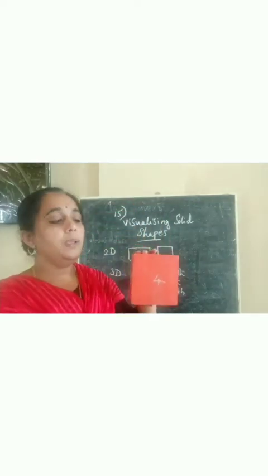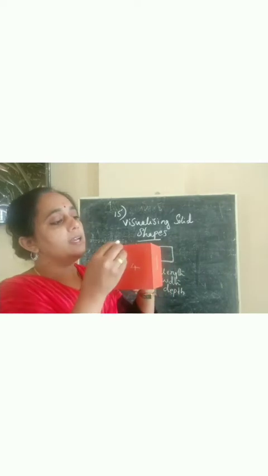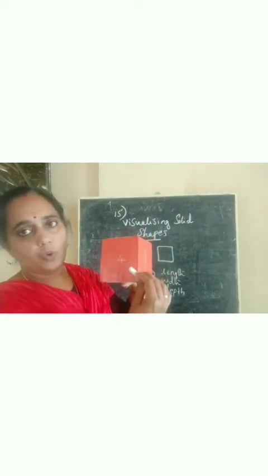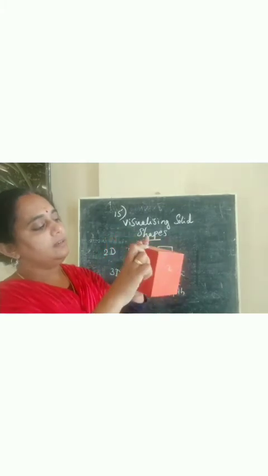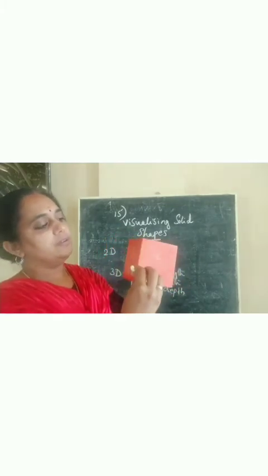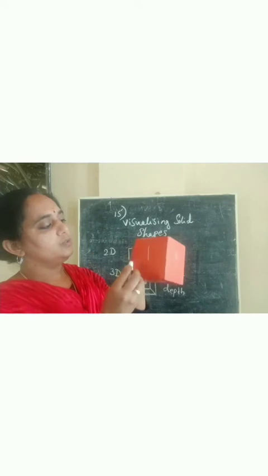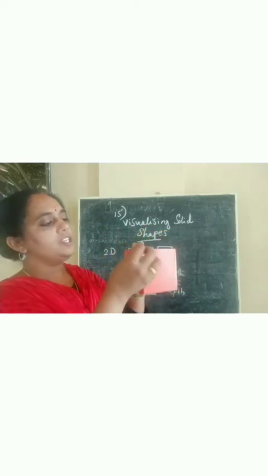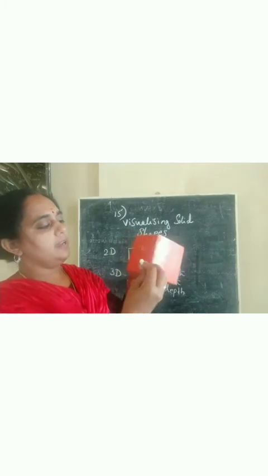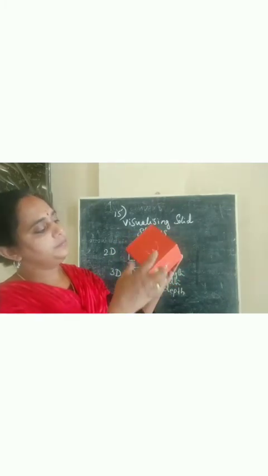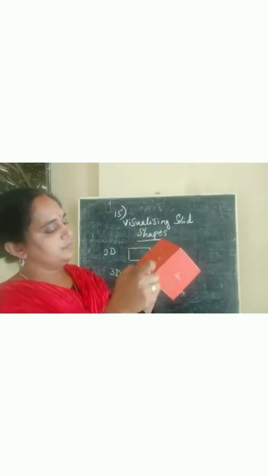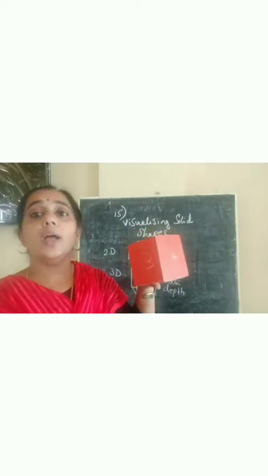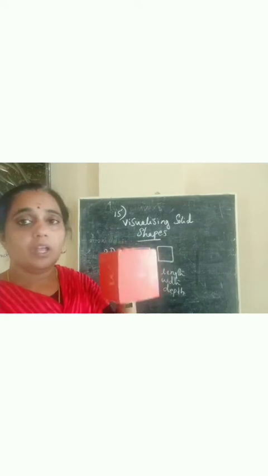And how many edges are there? 1, 2, 3, 4. Then 5, 6, 7, 8, 9, 10, 11, 12. So 12 edges are there.